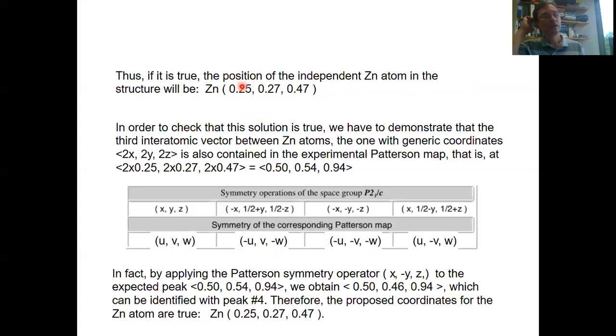Now you can see that this does not work for peak number 4.